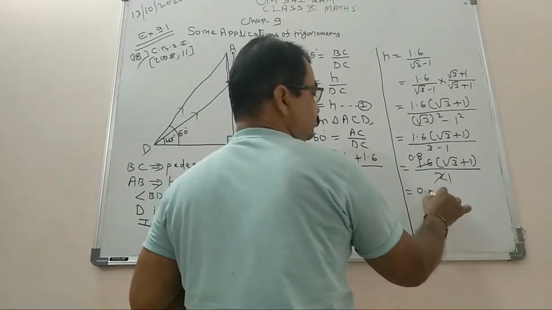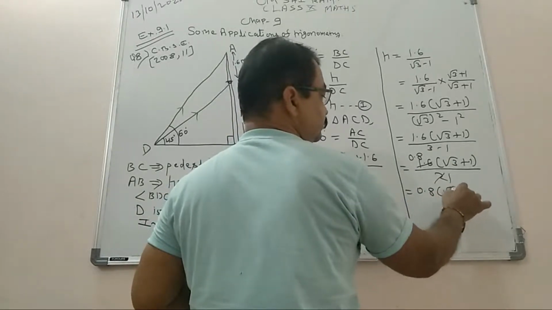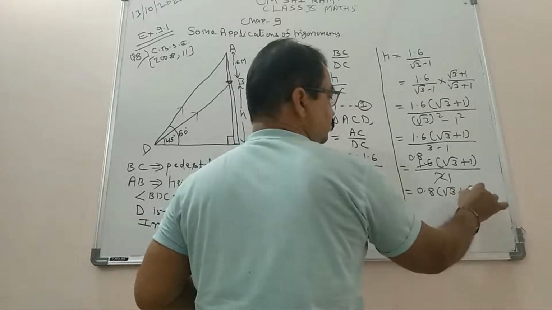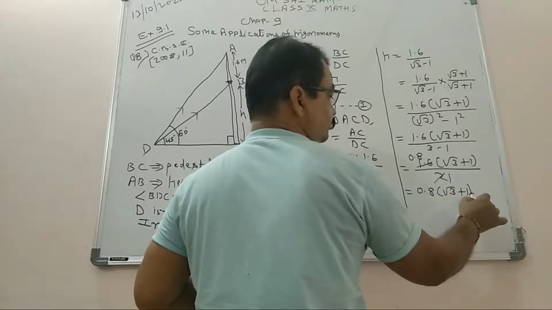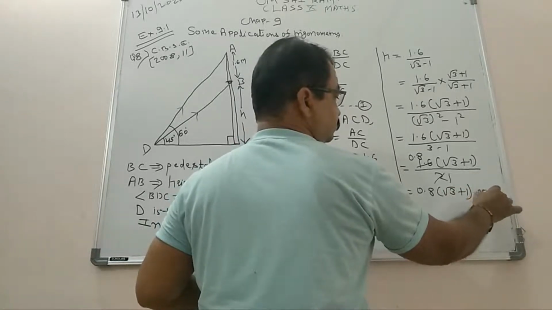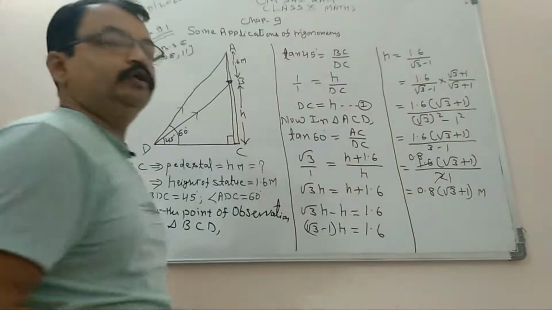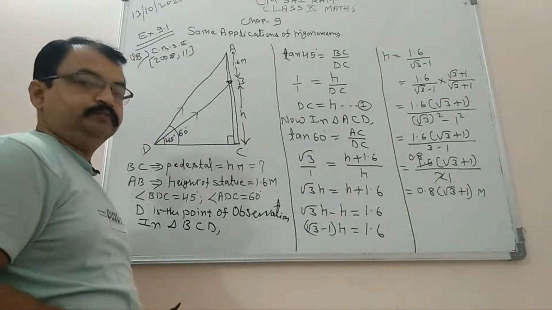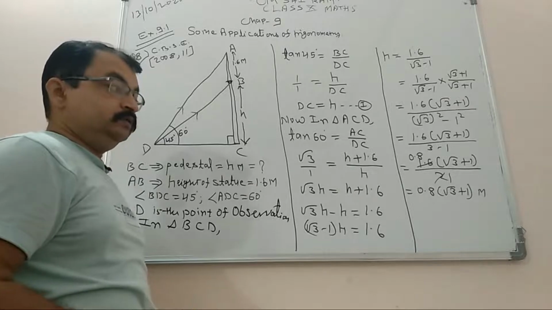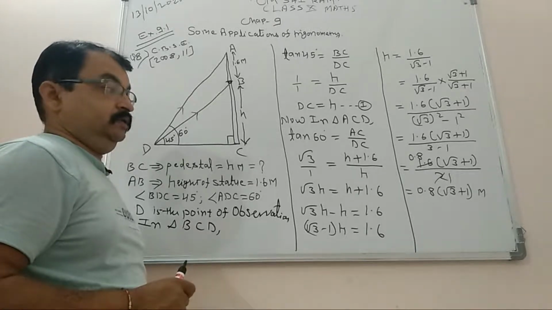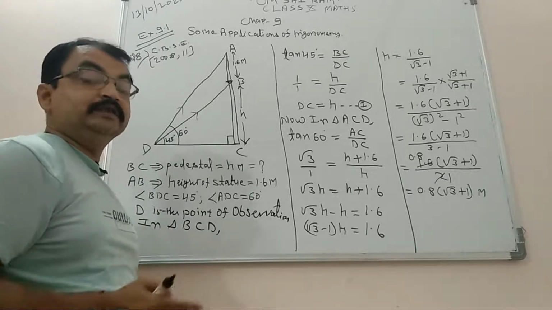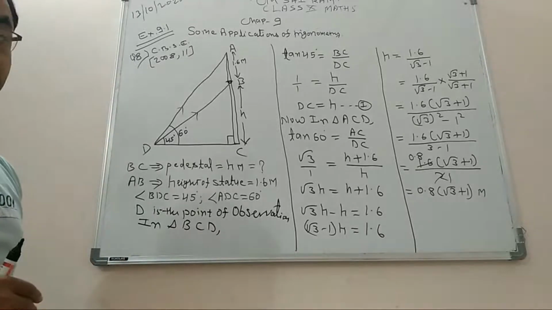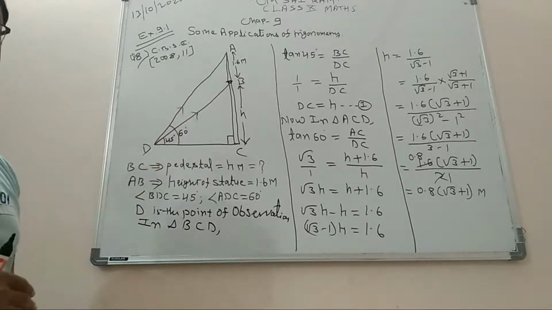And this must be the final answer, children, because the root 3 value is not mentioned in the question, so we will not put the root 3 value. Because according to NCERT instruction, if they mention the root value, then only we have to write it, otherwise you leave it as it is.